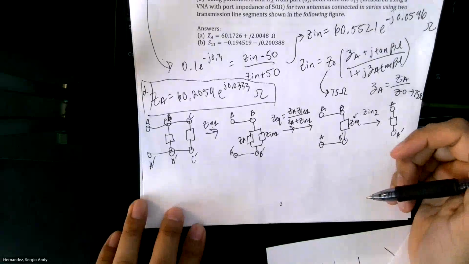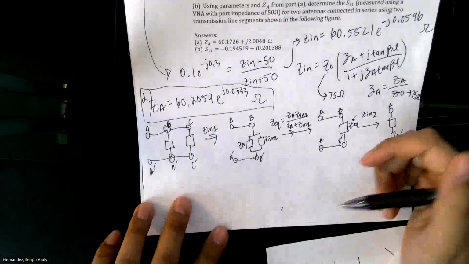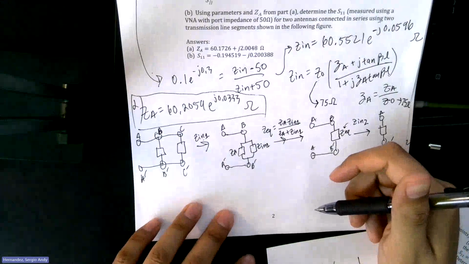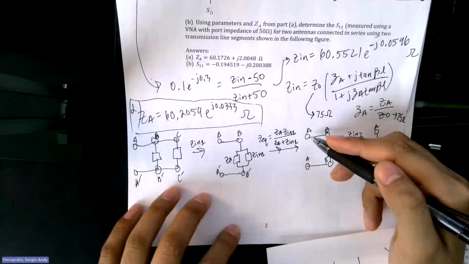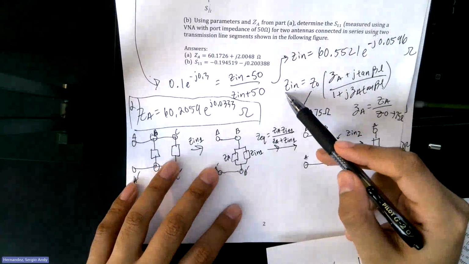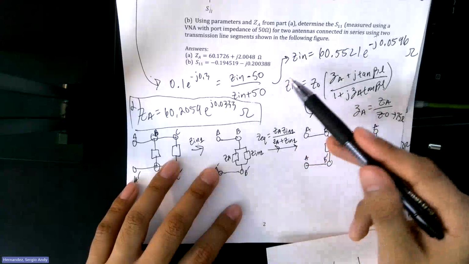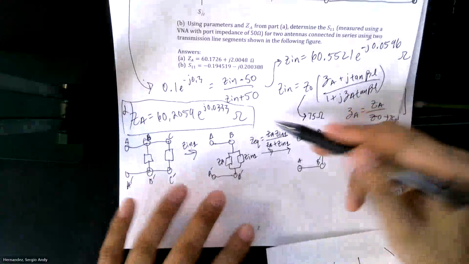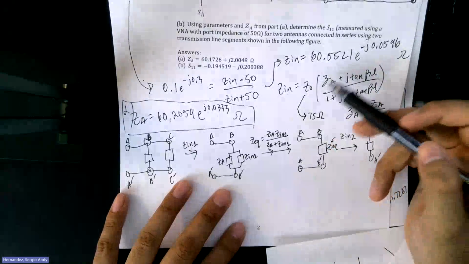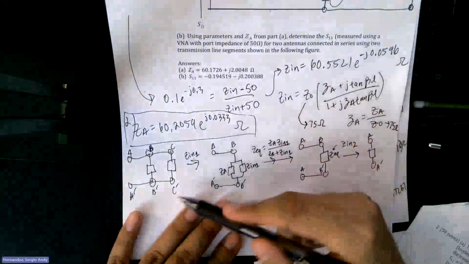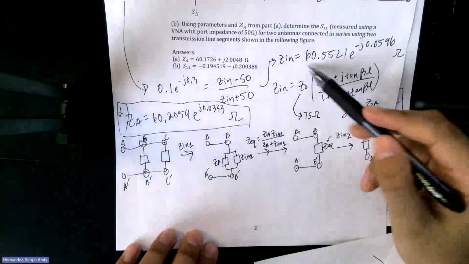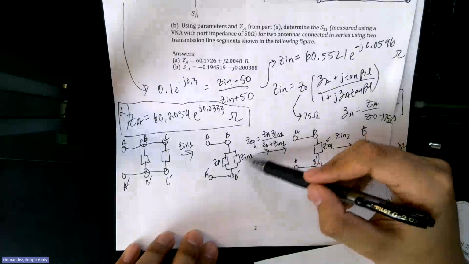So this isn't as big a problem as you might think, just because the way he arranged it was that you already found your Zn on the previous problem whenever he gave you S11. So this value is the same thing you'd be doing if you were to start from point C to point B. So you can just use this value and start from here.